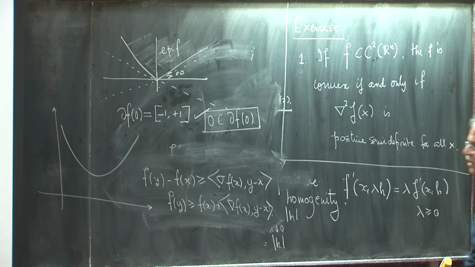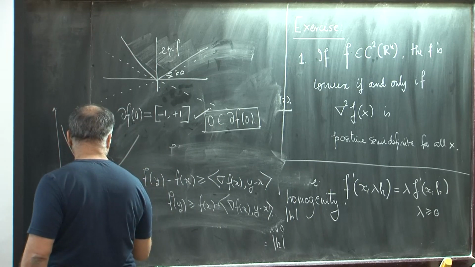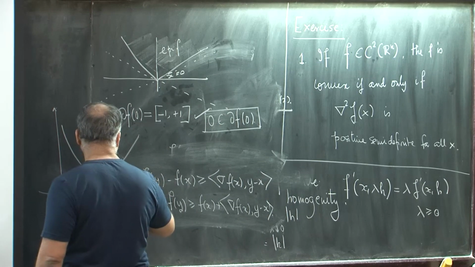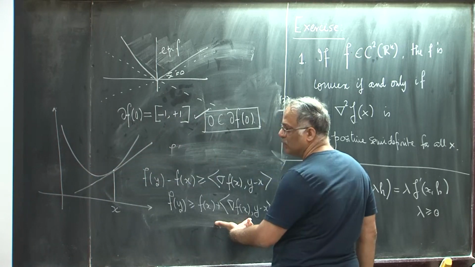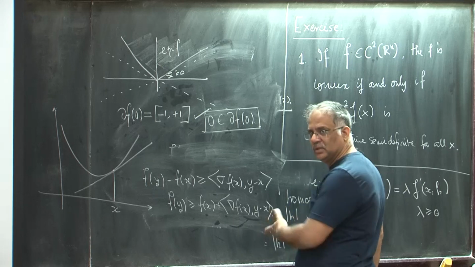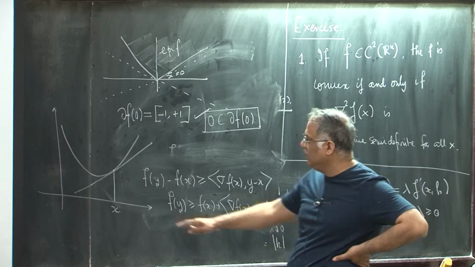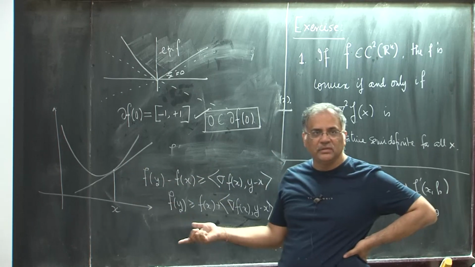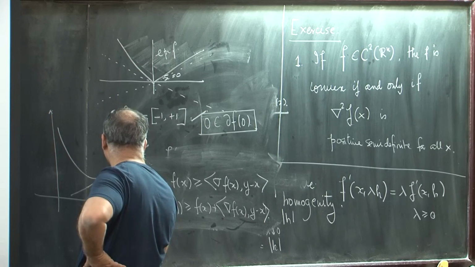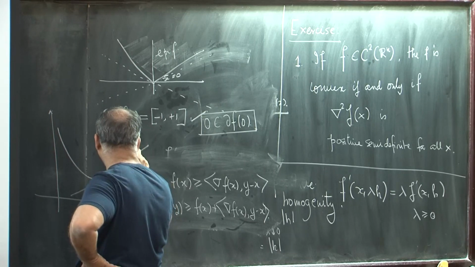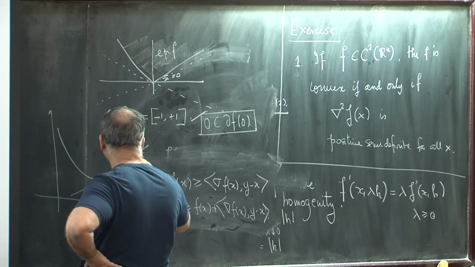If you take a convex function, say this is your point x, draw the tangent line at this point. The equation of the tangent line is given by y equal to f x plus this, because you just calculate the slope. I am just talking here about the one dimensional case, where it becomes the derivative. So this is your y, and this is your f y. What is the tangent line?